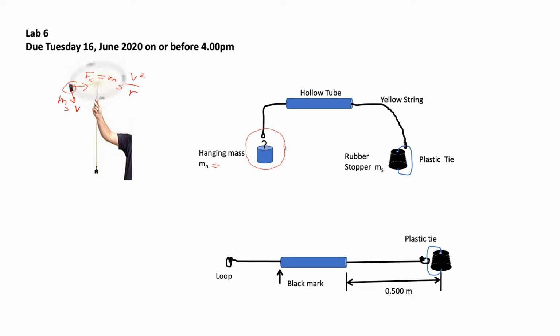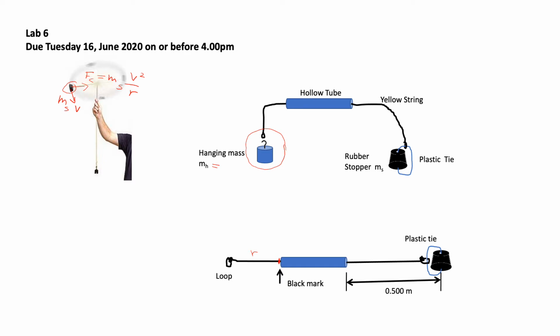We can change the weight of the mass. On one side of this string we use a permanent marker and make a mark so that we can keep this radius fixed when we spin it, because we hold it from this tube.